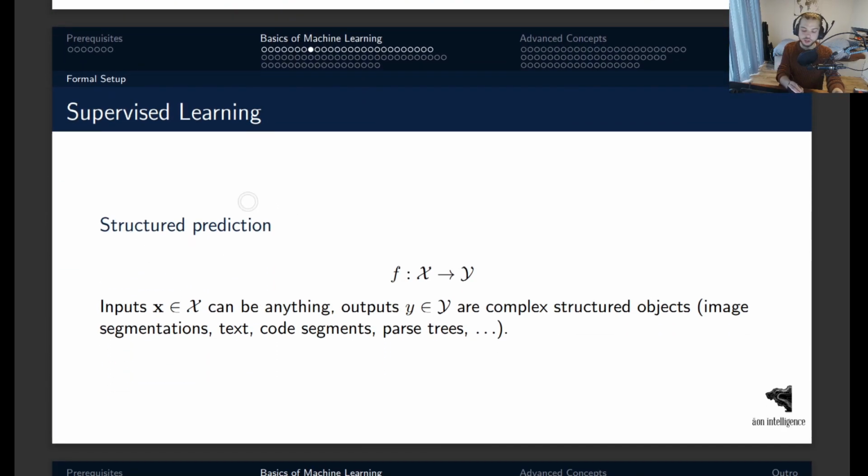And finally, in structured prediction, we have a label space Y, where the elements in that label space are of complex structure. So one example of a structured prediction would be image segmentation. And let me quickly draw images for that.